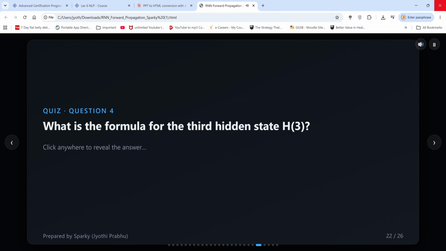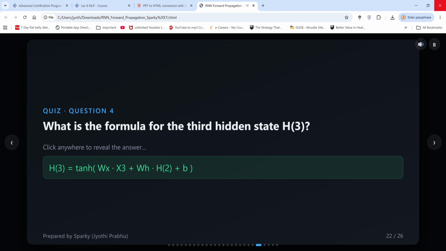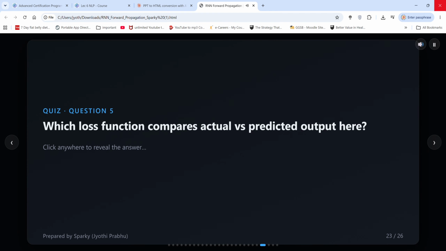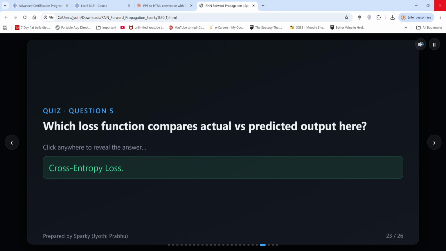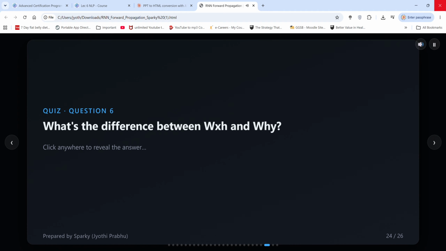Next question. What is the formula for the third hidden state, H3? Last question. Which loss function compares the actual output with the predicted output in this example? One more. What is the difference between WXH and Y in an RNN cell?